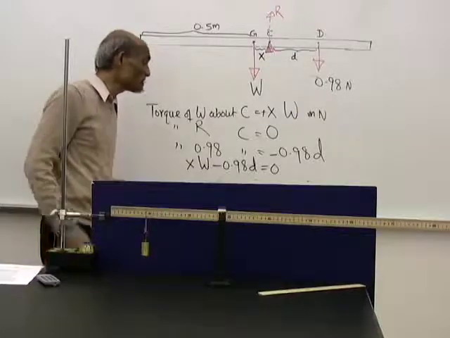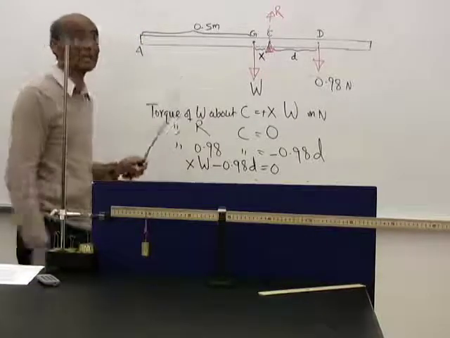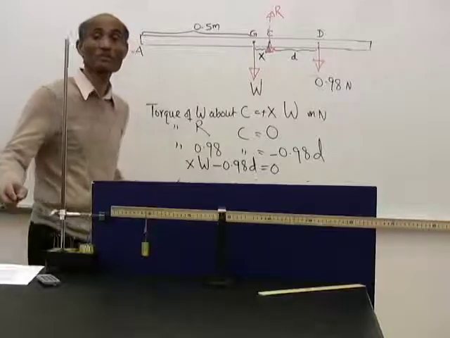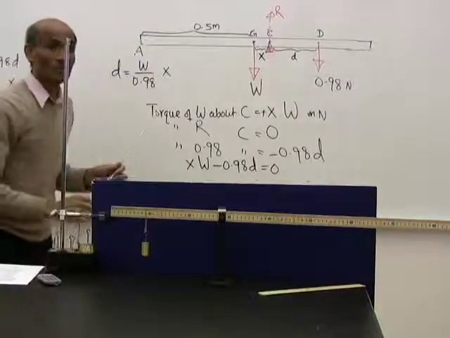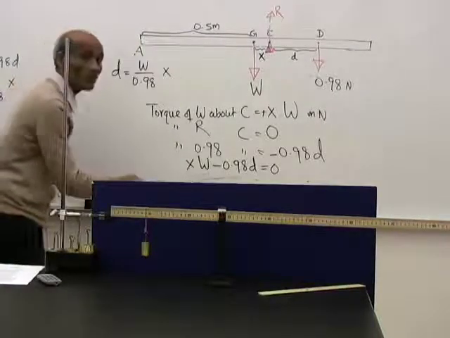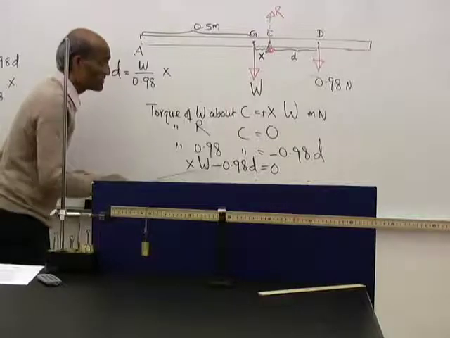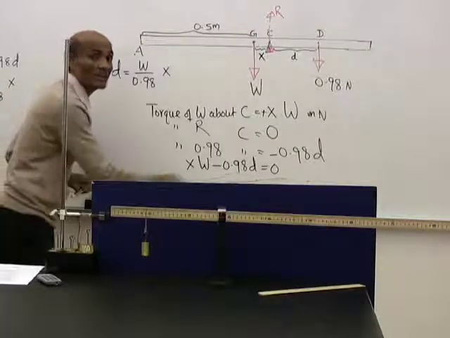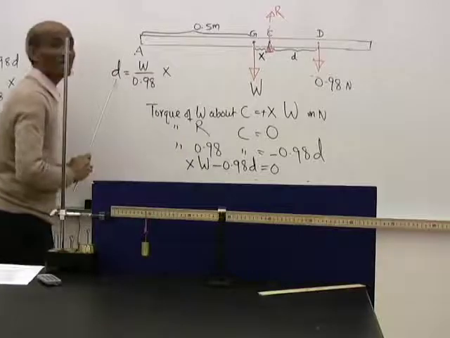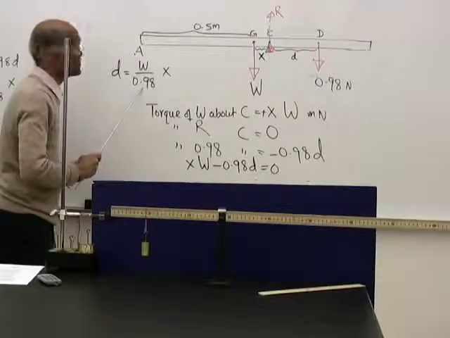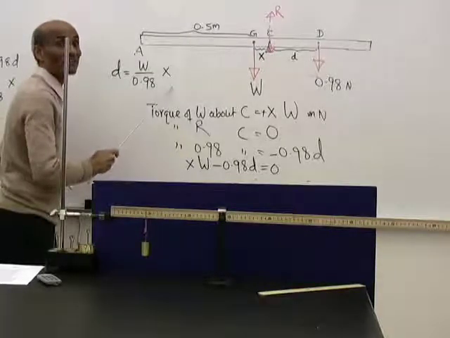That means we need to solve for d. Can you solve for d from there? Well, if you solve this equation, we get xW equal to 0.98d, or d equal to W over 0.98 times x.